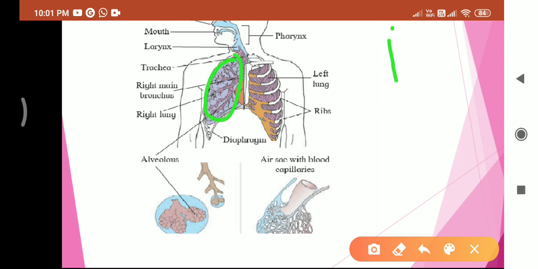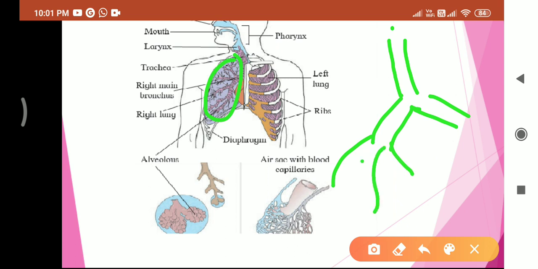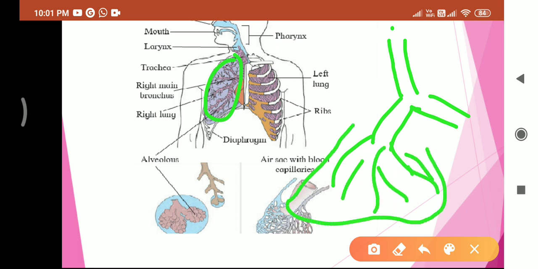When we draw this, the trachea divides and forms the bronchi, and the bronchi also have branches inside the lungs, right? So inside the lungs there are so many bronchioles.